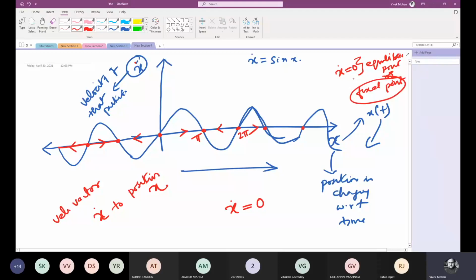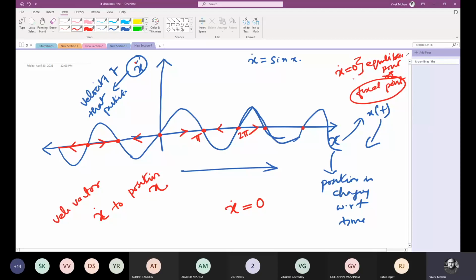Now, how will you analyze the stability of a fixed point? When you disturb the system from a fixed point or around a fixed point, then if the response moves away from the fixed point, then it's an unstable fixed point.